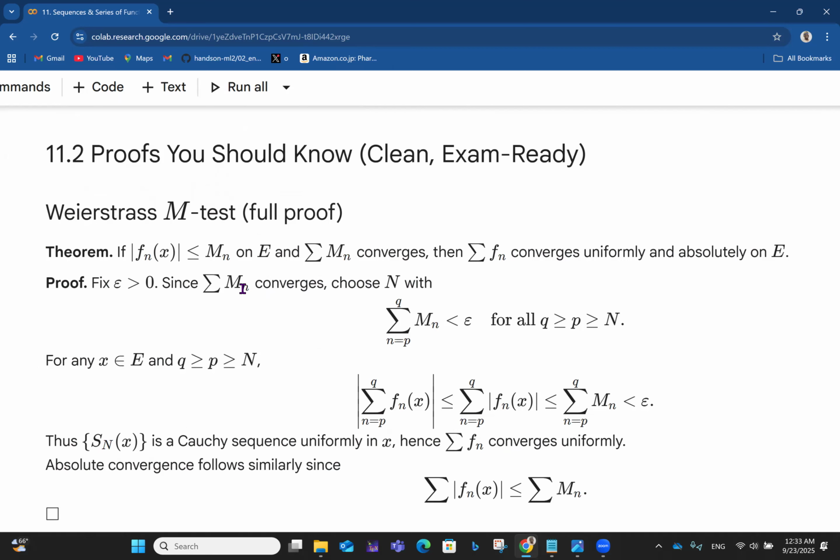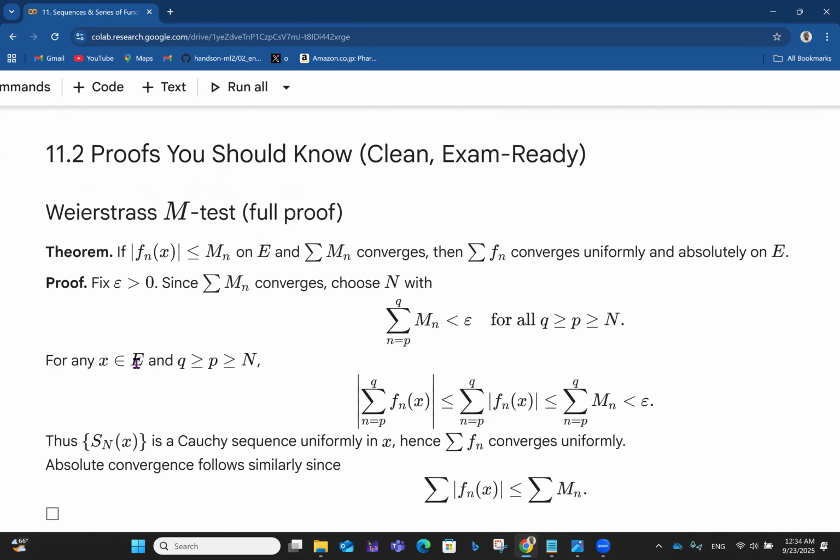Since the summation of all Mn converges, we can choose a particular N with the summation from n equals p to q of Mn less than epsilon for all q greater than or equal to p greater than or equal to N. If you reverse it, that's N less than or equal to p less than or equal to q. That means that p lies between N and q, right?